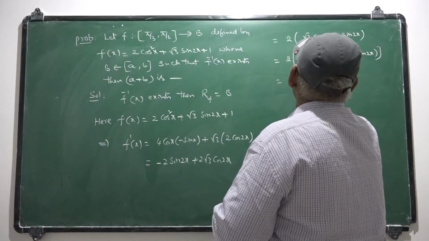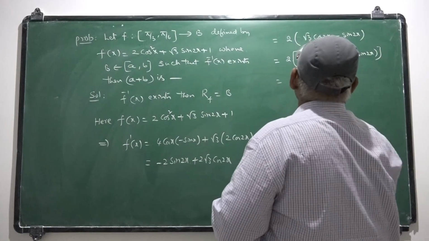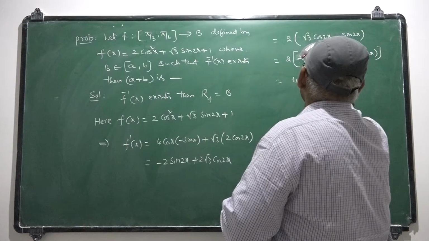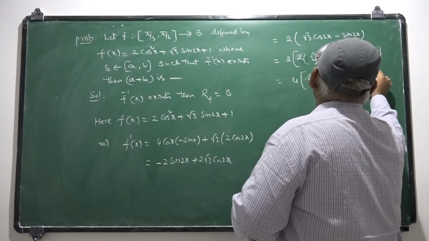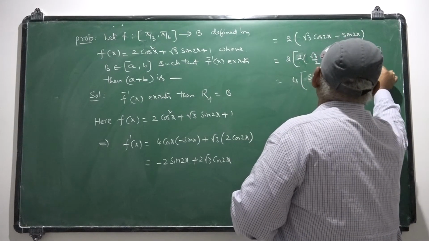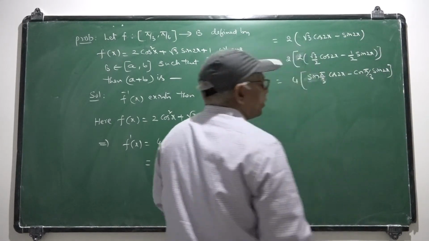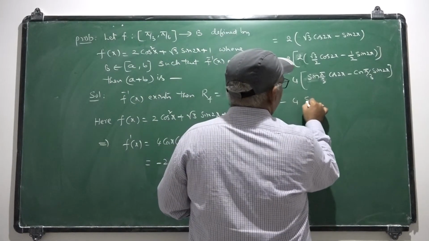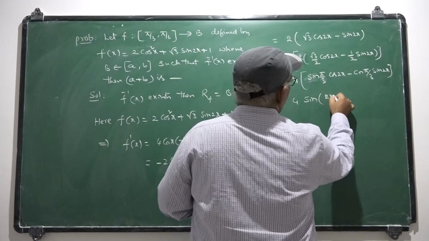That may be written as sin pi by 3 cos 2x minus cos pi by 3 sin 2x. Sin a cos b minus cos a sin b, sin of a minus b. That means sin of (2x minus pi by 3).